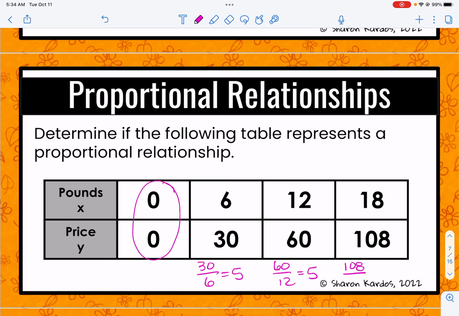But if I do 108 divided by 18, I don't get 5, I get 6. So this one would actually be not proportional, because it meets the 0, 0, the origin, but it's not changing at a constant rate. So if I graph it, it's not going to be linear.